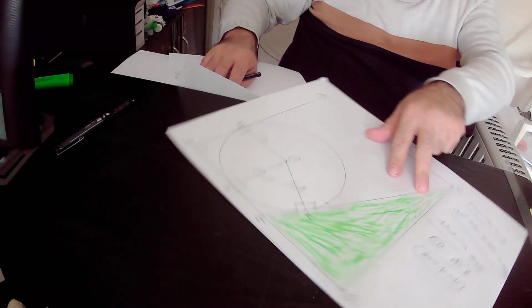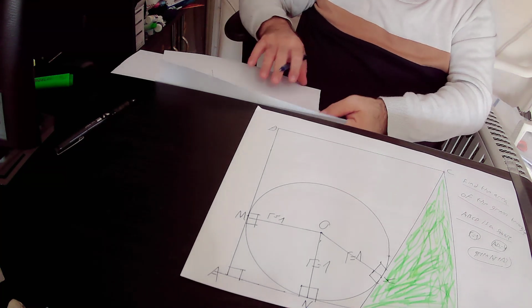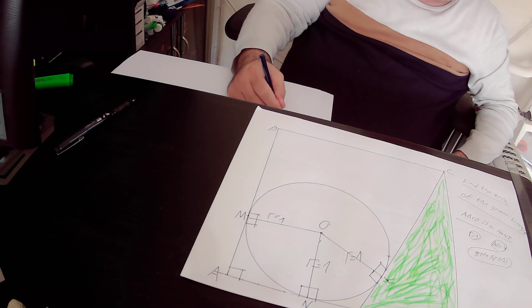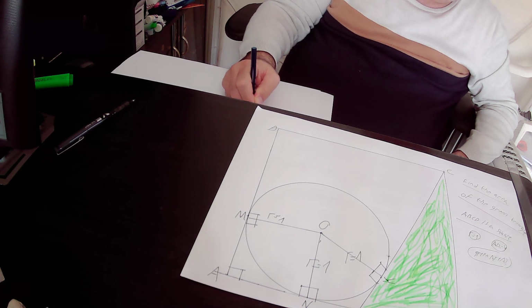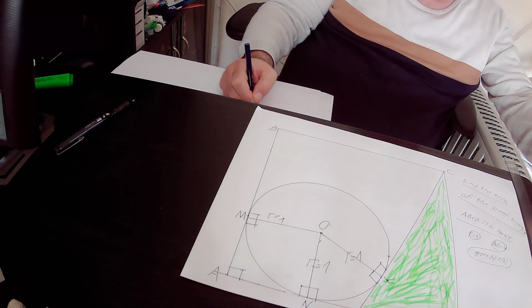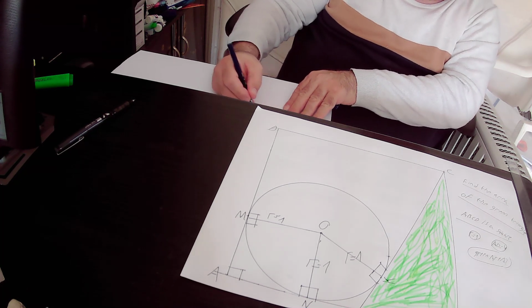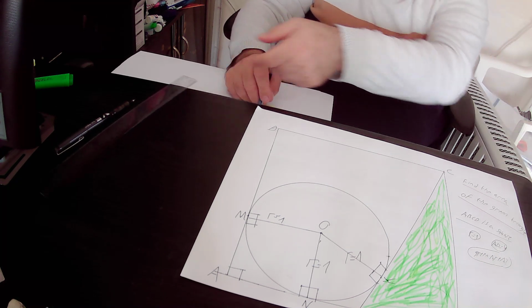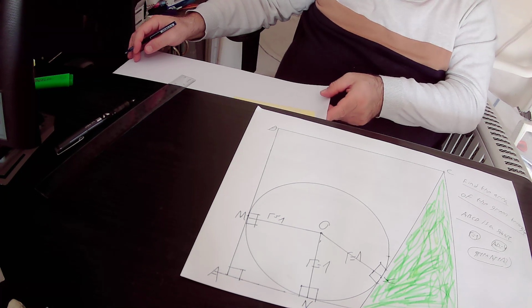We will focus on quadrilateral MONA. On quadrilateral MONA, the sum of the angles is equal to 360 degrees.